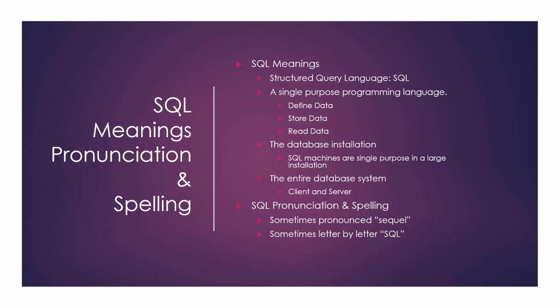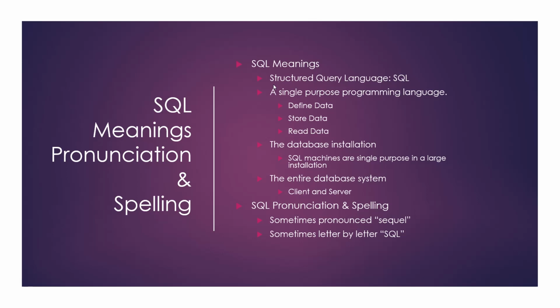So just to clear up some SQL meanings, pronunciations, and spelling. SQL meanings. It means one thing, a Structured Query Language, and that's what we're going to be studying. It's a single-purpose programming language that defines data, stores data, and reads data. Java, for example, can be described as a multi-purpose programming language. You can do many things with it. SQL has one purpose.